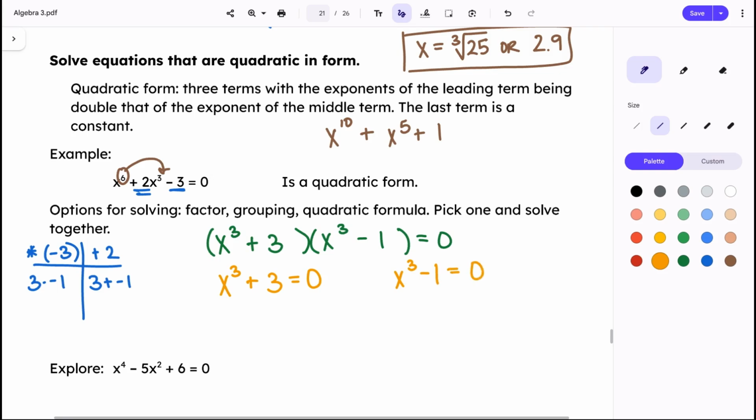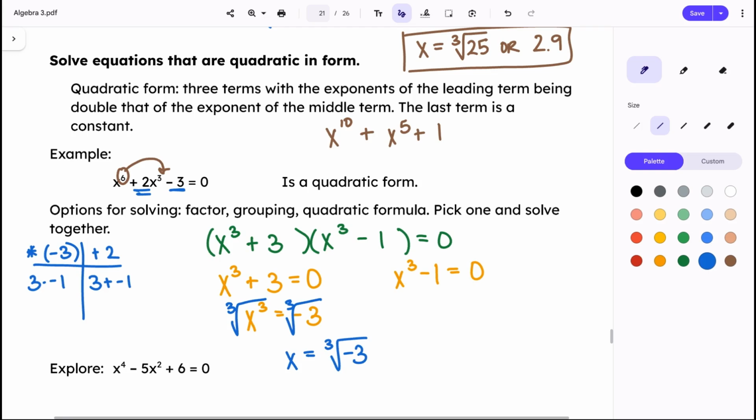So that first one I would subtract 3, so I have x to the 3rd equals -3. Then, just like what we were doing up above, we're going to cube root both sides to get rid of the exponent. And so that's just going to be x equals the cube root of -3. And it's okay if we have a negative underneath an odd root.